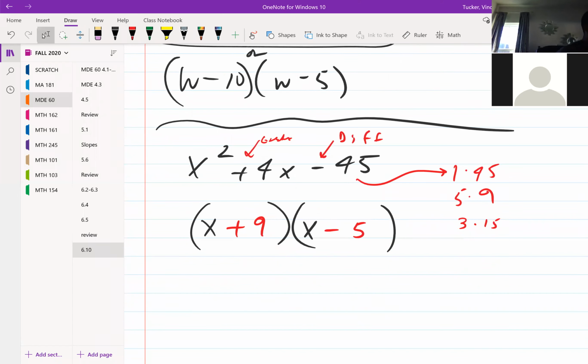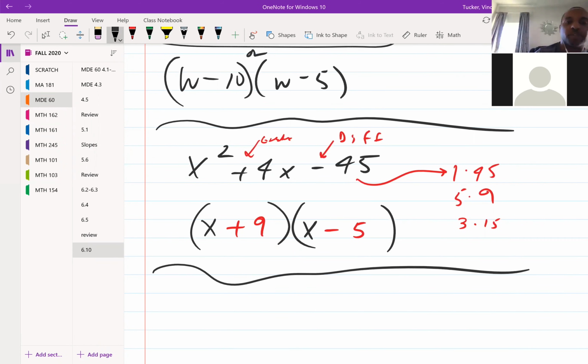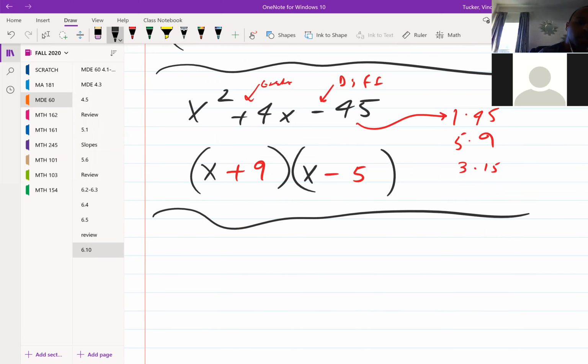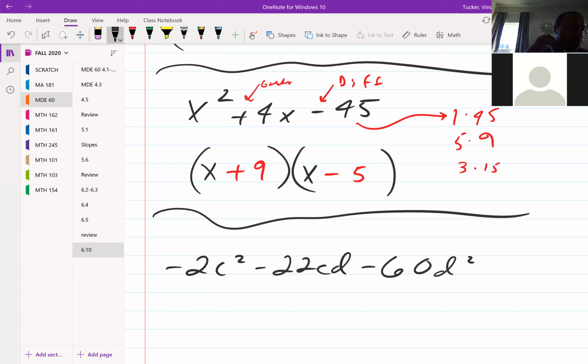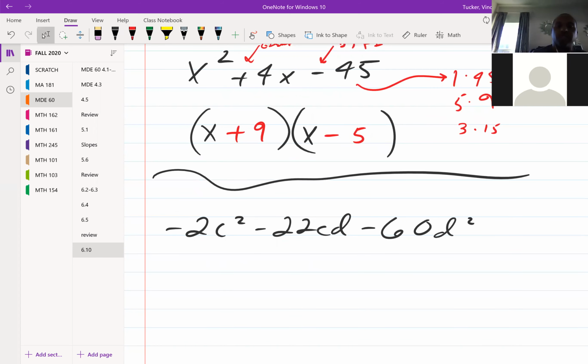All right. So let's throw a number in front. Let's do one more, and then we'll put a number in front. All right, so negative 2c squared minus 22cd minus 60d squared.